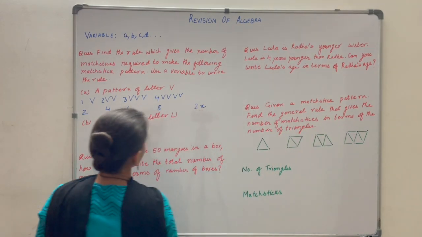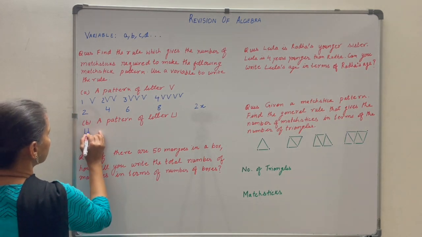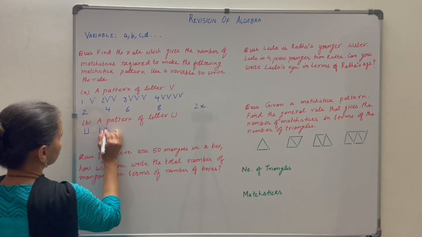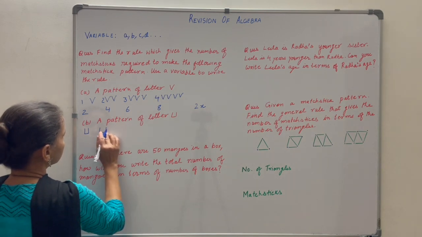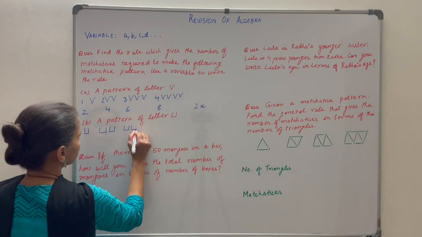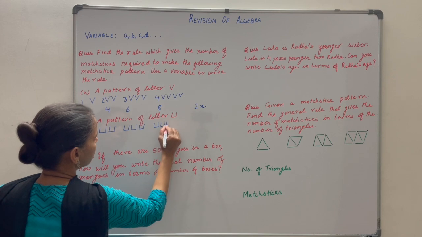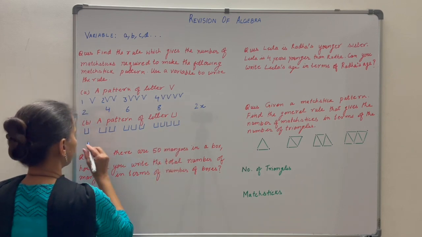A pattern of the letter U. So let us first write down the pattern for the letter U. 1 U, 2 U's, 3 U's, 4 U's.